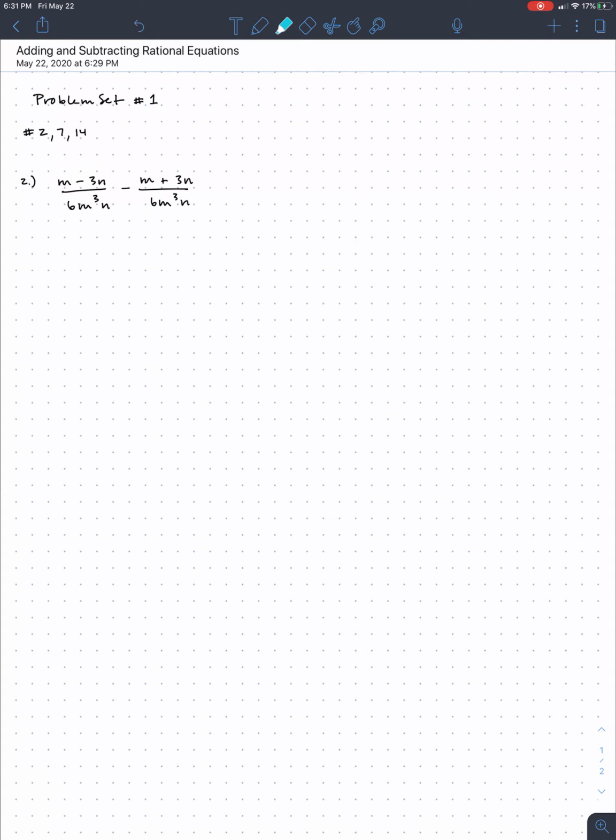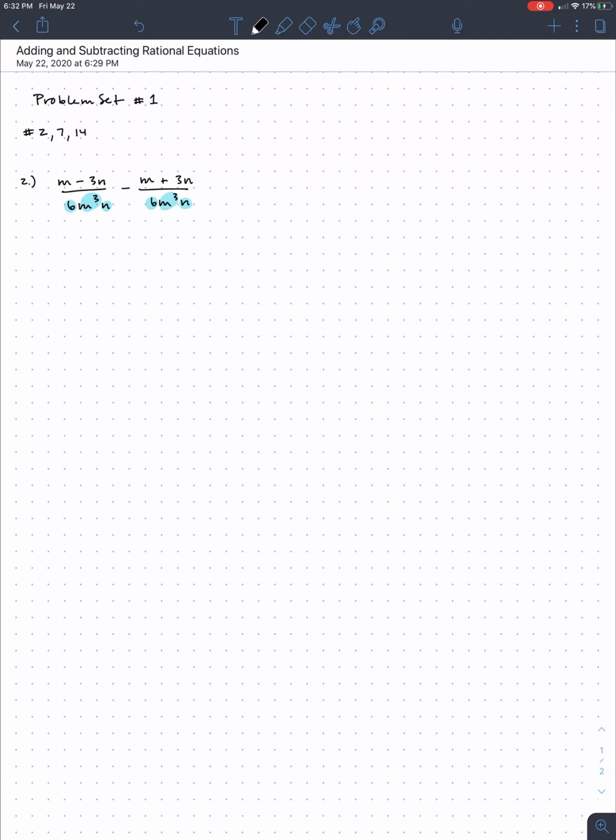From our previous video, we said that when we're adding and subtracting these rational expressions, we need to have a common denominator. So I have a 6 here, I have a 6 here. I have an m cubed, I have an m cubed. I have an n, and I have an n. These two fractions have a common denominator already.